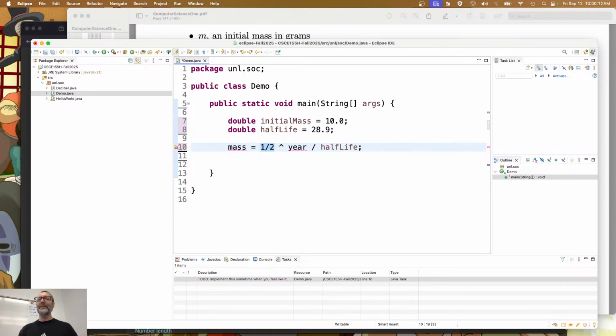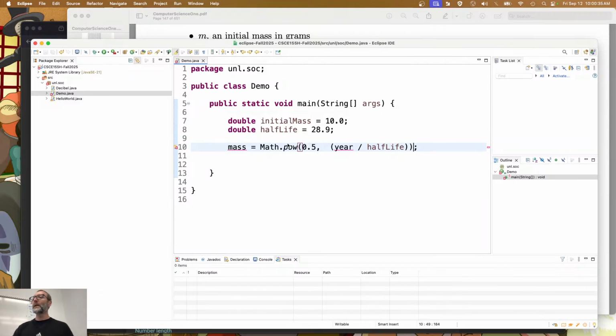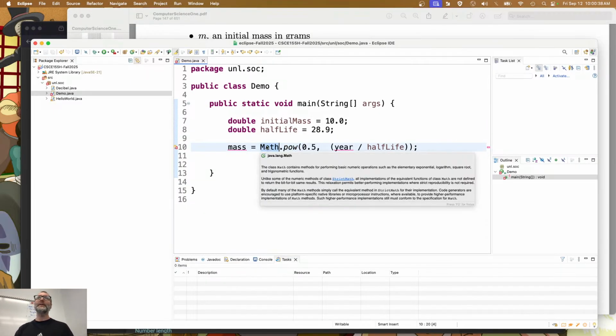That's immediately what? 0. So 0.5, and then this is all raised to this power. Okay? But I can't do that. Instead, what do I have to do? And in this case, it's math.pow, right? Because it's in the math library. Java, everything belongs to a class or is a class. Right? In this case, the pow function belongs to the math class.